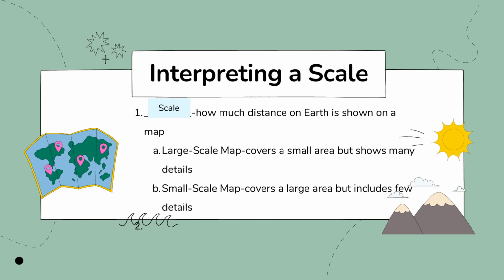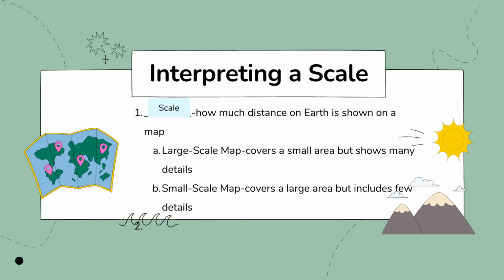So depending on the type of map that you're looking at, you may notice that the map scale, or the distance and detail that it shows, changes. For example, if you wanted to look at a map of Missouri, it would probably have a few of the major roads like I-70 or maybe Highway 94.